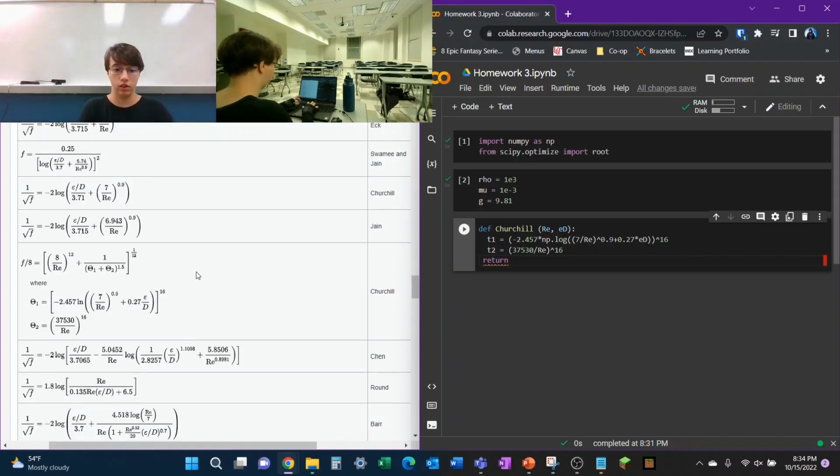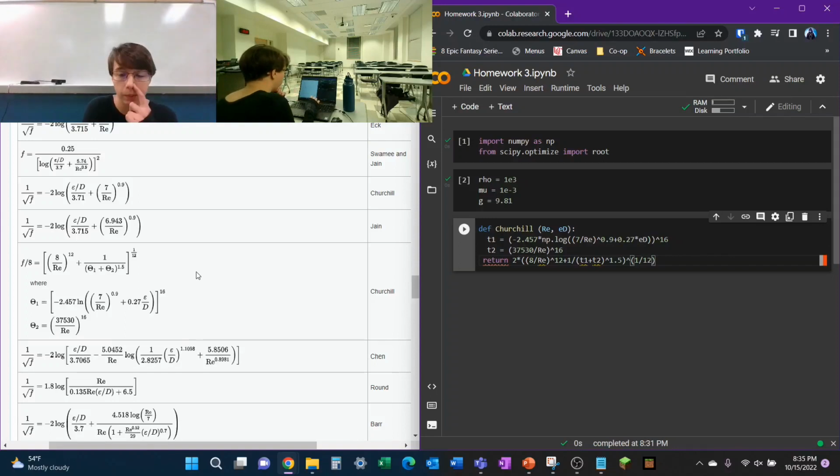So we're going to have 2 times, and then parentheses, 8 divided by Reynolds number to the 12th, plus 1 divided by theta 1 plus theta 2 to the 1.5, and then that whole thing to the 1/12 power.